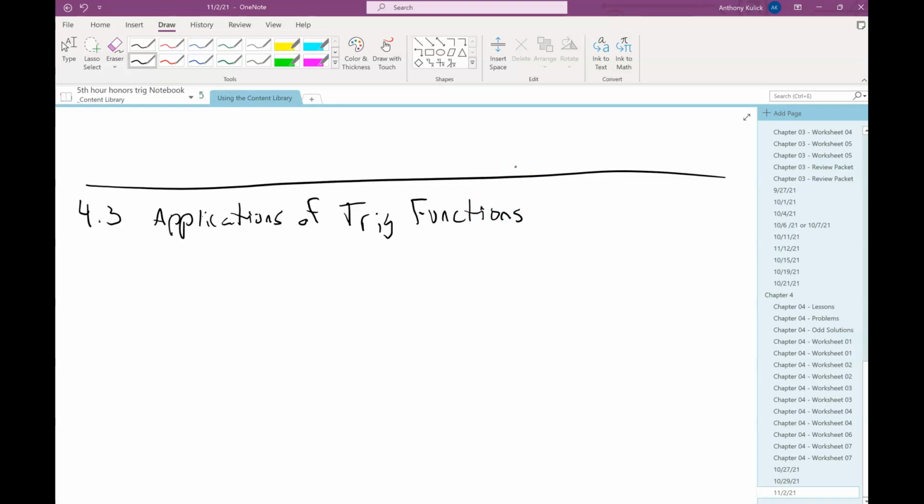So one of the important applications that we can use for these trig functions is to take a complex movement and break it up into simpler pieces. So imagine you have point A and point B. One way to describe going from point A to point B might be just directly, right?